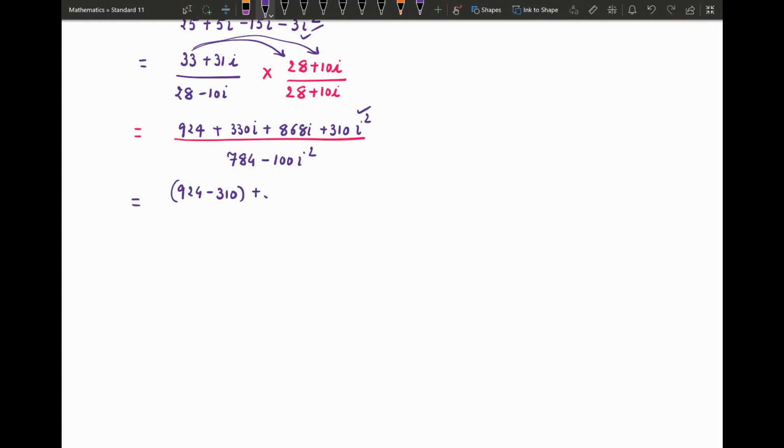This is the real part. Take i common, so 330 plus 868. In the denominator, i square is minus 1, so 784 plus 100, so 884.